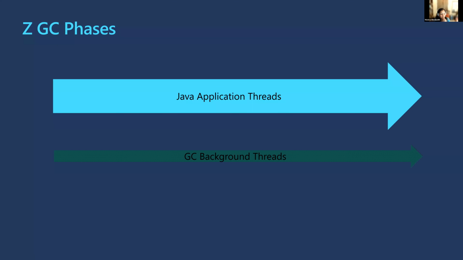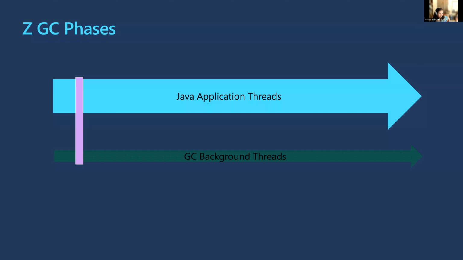And then when you want to start the GC phase, it is similar to any other collector, which is called pause mark start. Now, if you look at the GC log, the label says pause mark start, but it's similar to initial mark.